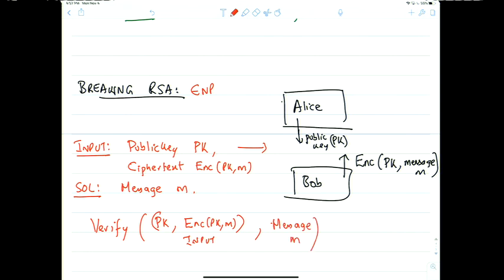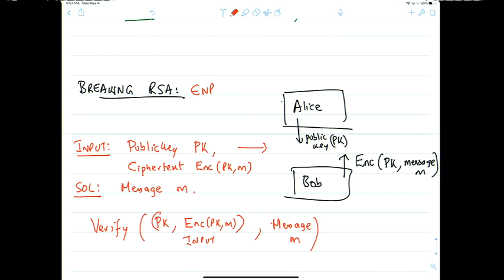And it needs to verify that indeed that was the message. Well, that's just easy. Why? Because encryption is easy. It gets the public key and the encrypted message and the message. All it needs to check is if you encrypt the message, you get that ciphertext. It just needs to run the encryption algorithm on M and PK and see if that's what the ciphertext looks like.